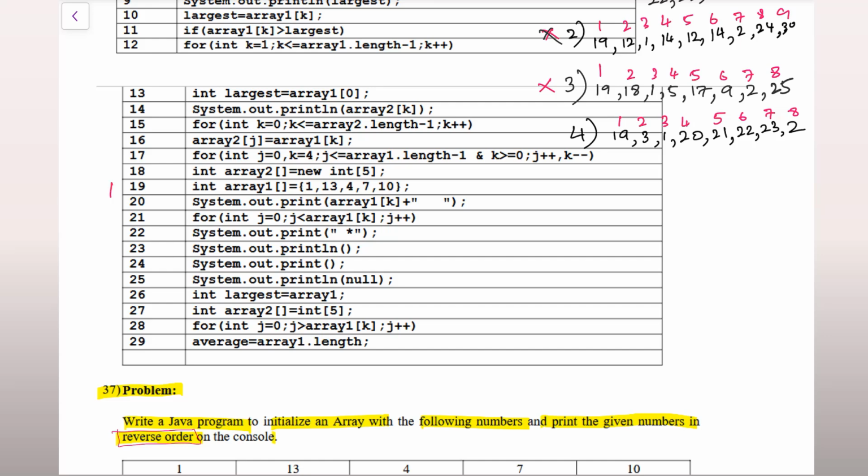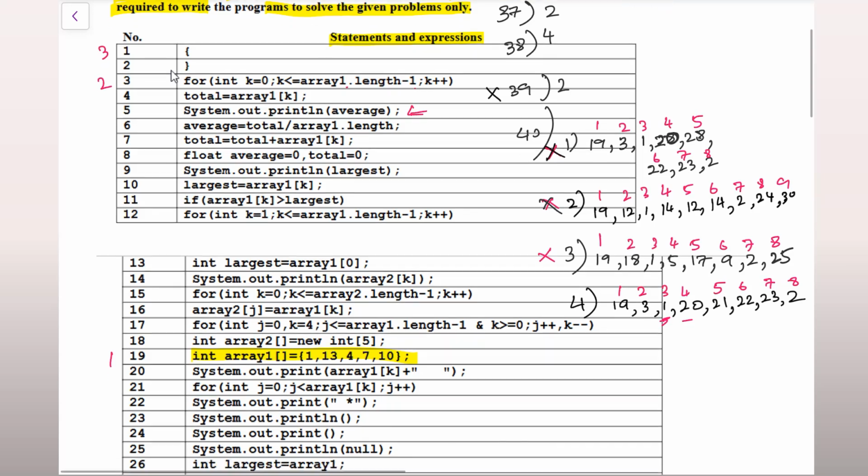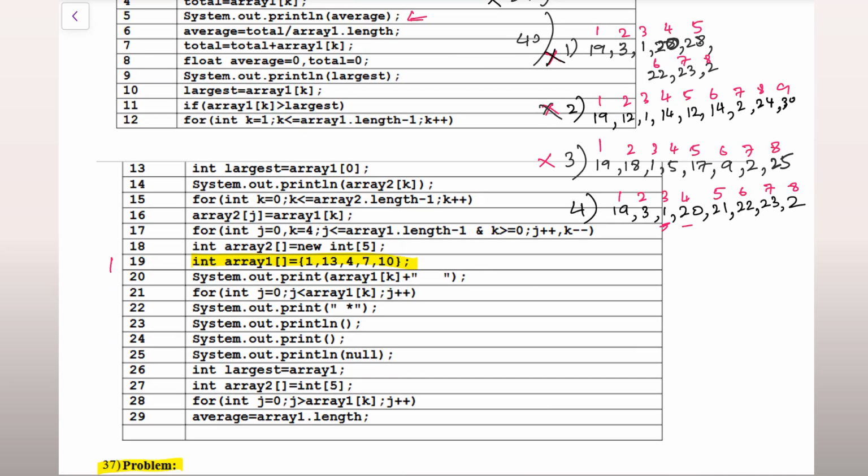1, correct. And then 3. Okay, so 3 is the second guy. Third guy is 1. Fourth guy is 20. Okay, that looks good. 21.